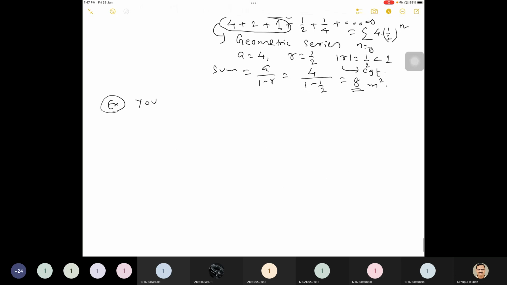The question is: you drop a ball, say from a meters above a flat surface.